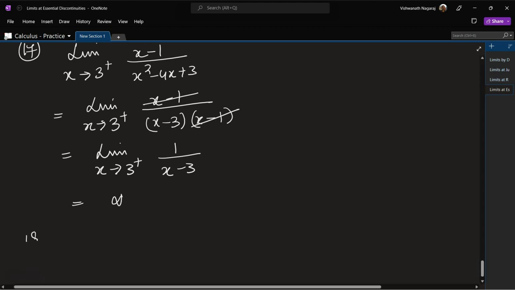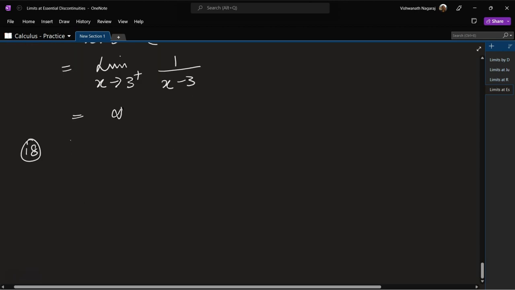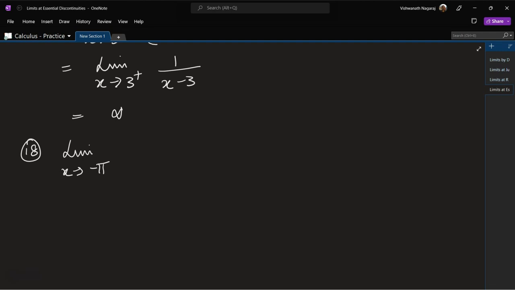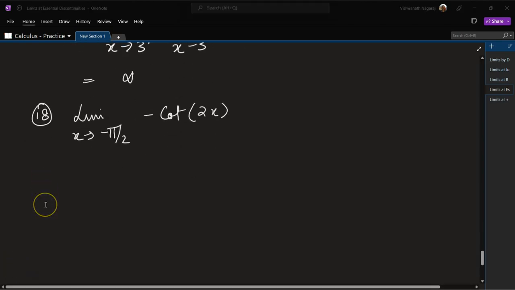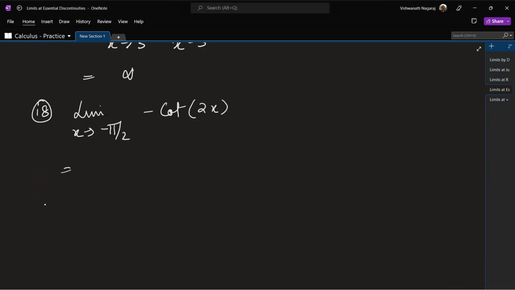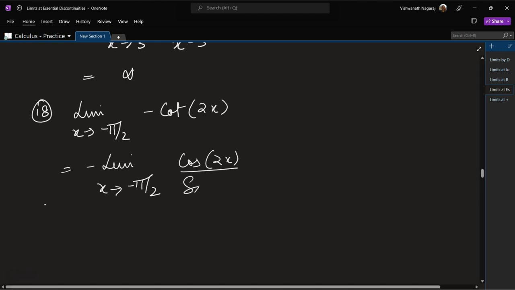Okay, finally, 18th one, limit as x approaches minus pi by 2 of minus cot 2x. Here again, let's first simplify this. Limit as x approaches minus pi by 2 of minus, we can take it out, cos 2x by sine 2x.